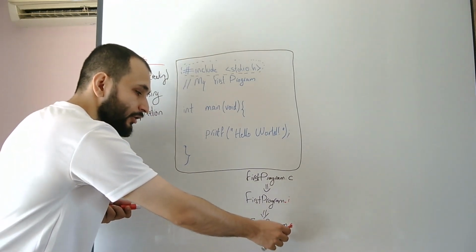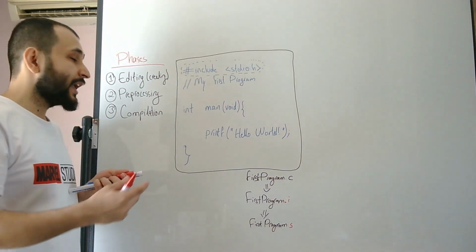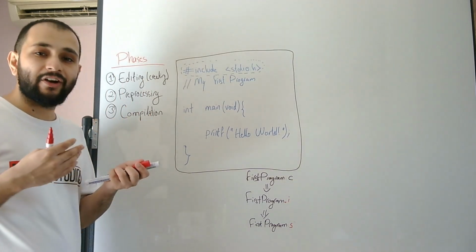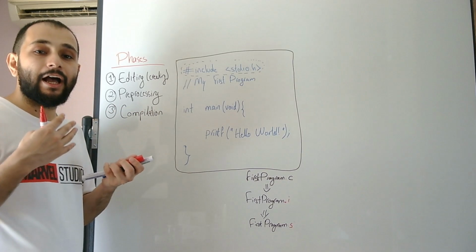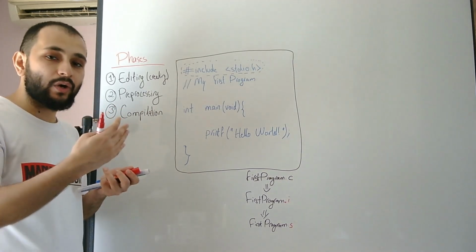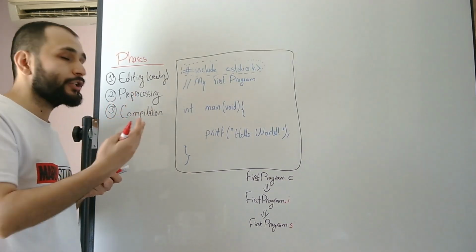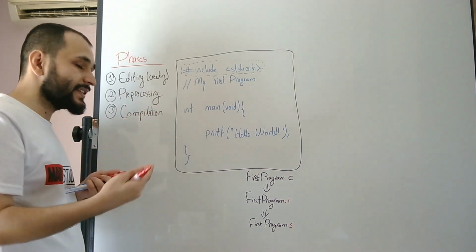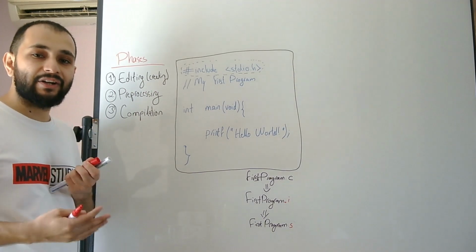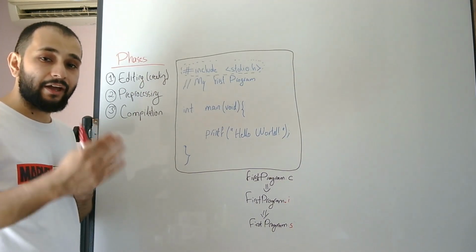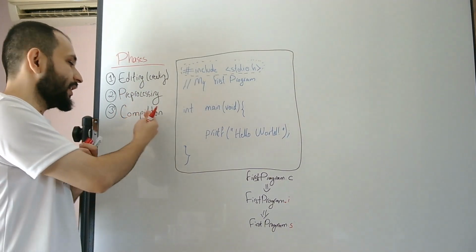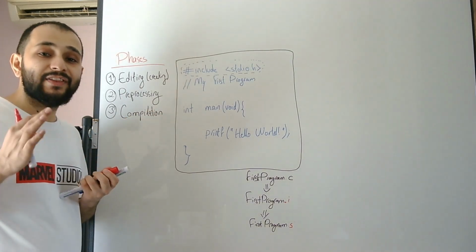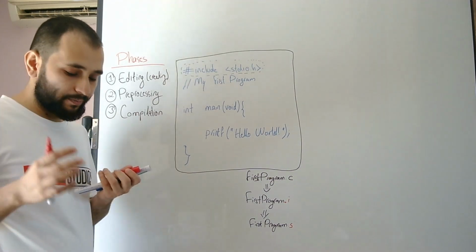It is also during the compilation phase that any syntax error in the program is discovered. If there's any syntax error, the compiler is going to give us an error exactly during the compilation phase.